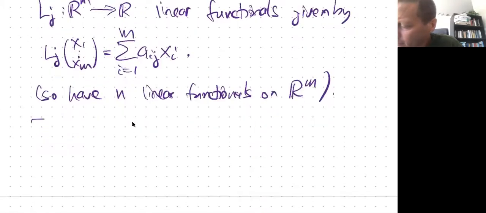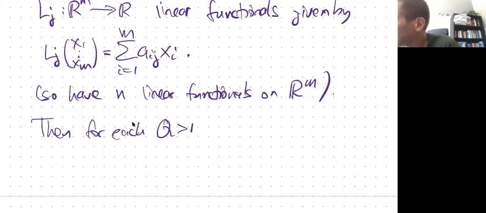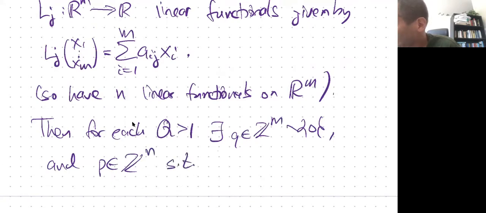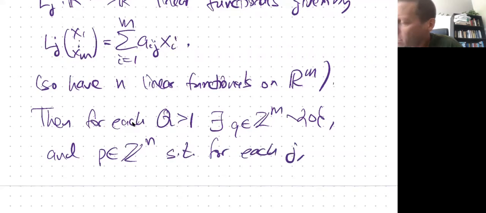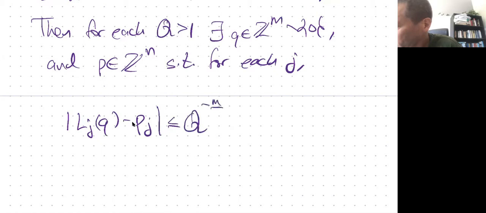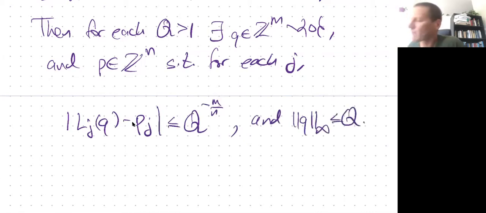The statement now is: for each Q, you can find a non-zero vector q in Z^m and another vector p in Z^n such that for each j the following two inequalities hold.